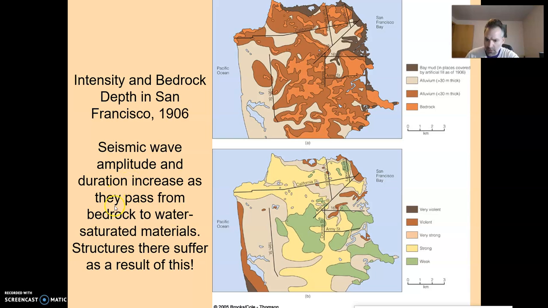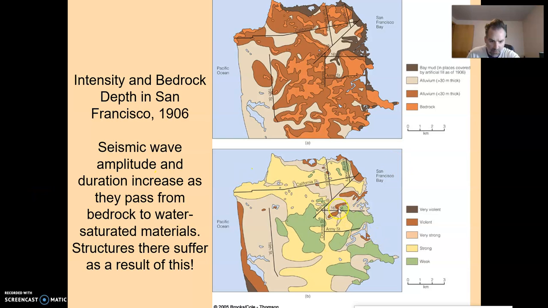So what does it say here? This increase, they pass from bedrock to water-saturated material. Structures there suffer as a result of this. So the yellow too is strong. And where is it? You're in alluvium here. So it's a nice map showing where your structures are suffering the most and what type of materials they're built on.